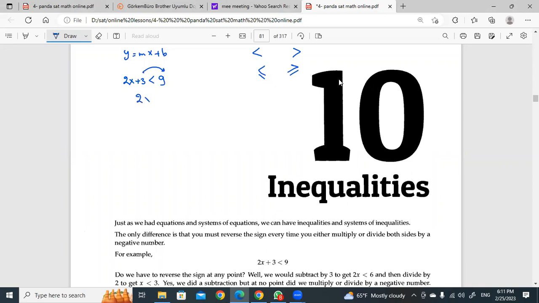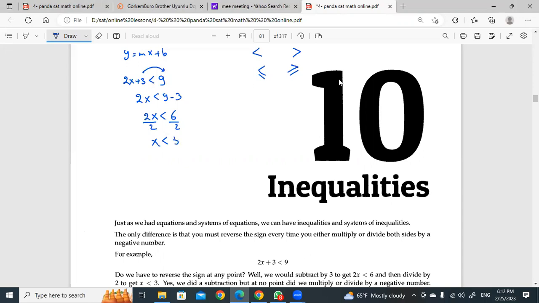So it will be 2x less than 9 minus 3. 9 minus 3 is equal to 6. After this, I will have 2x less than 6. Then I have to get rid of the 2. The 2 on the left-hand side was in multiplication, so I have to divide by 2 here and divide by 2 here. So x will be less than 3.